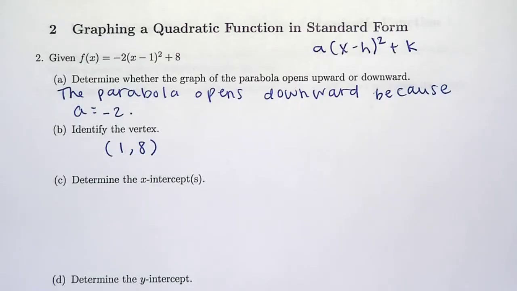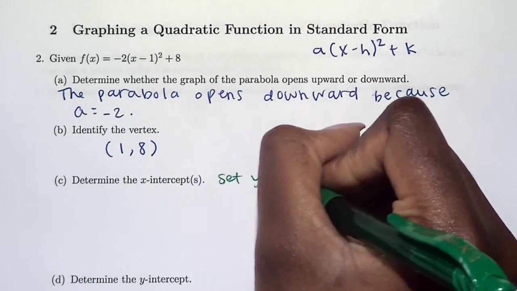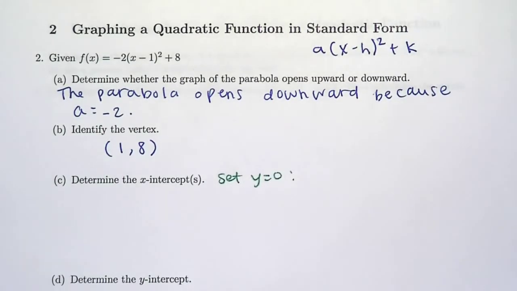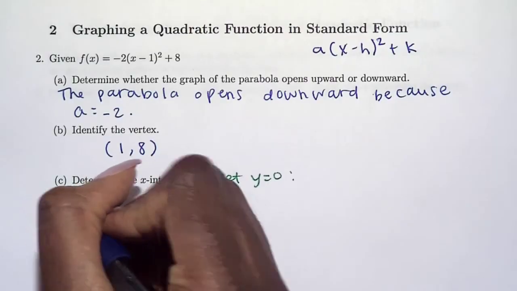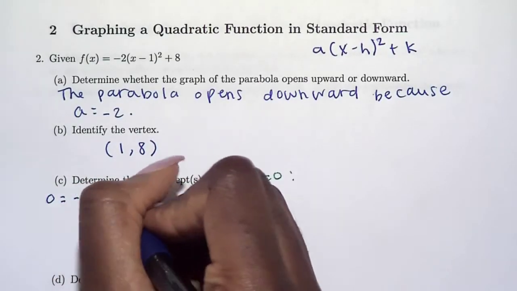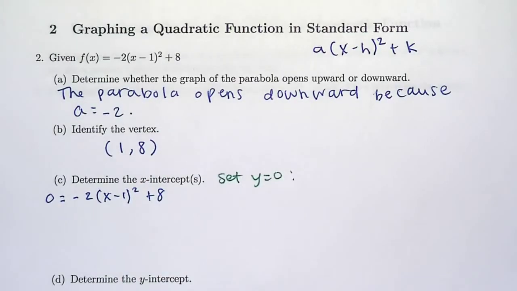So remember, how do we find x-intercepts? Well, we set y equal to 0 to do that. 0 is negative 2 times (x minus 1) squared plus 8. All right, and so we just have to solve for what x is going to be.